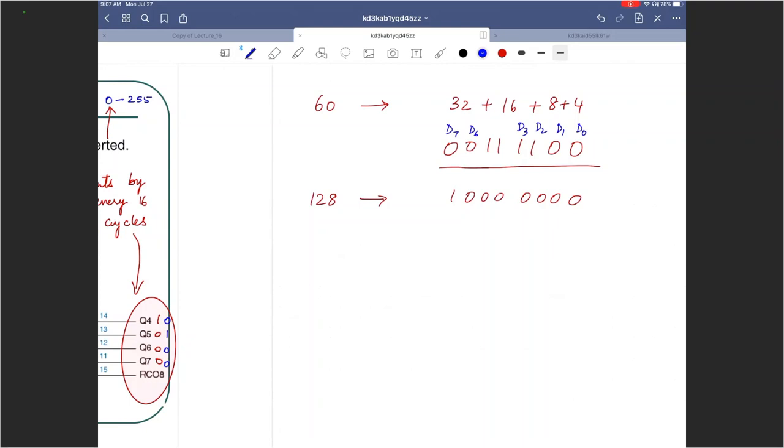And in order for me to detect 128, I can use Q7, right? I can use Q7 to indicate whether or not I have reached 128. So essentially, take a look at this.